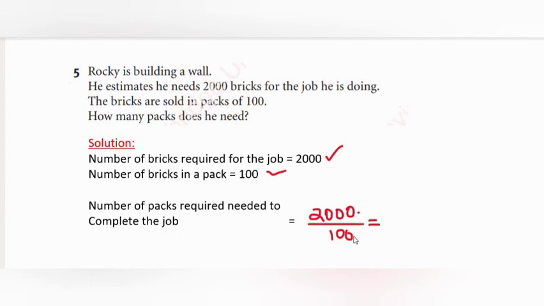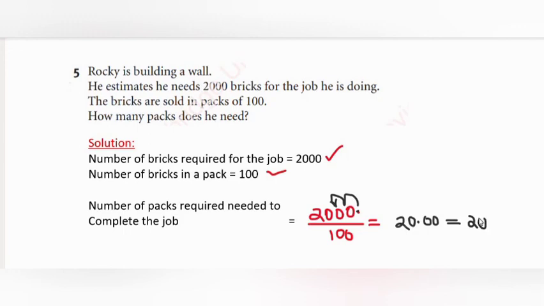So when we divide, the value definitely decreases, and the decimal point moves two digits towards the left. So 1 and 2. So after it moves two digits, we get the final answer, 20.0, and also we call it 20. And the zeros after the decimal don't have values, so we can just say that it is equal to 20 packs.